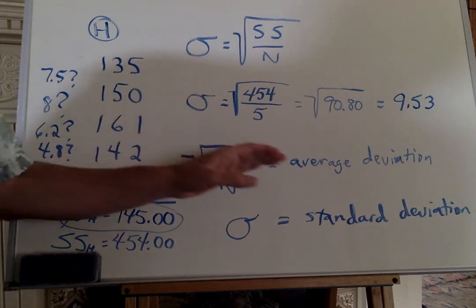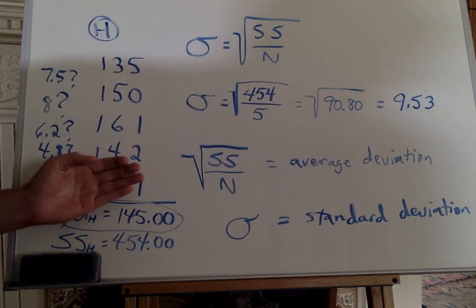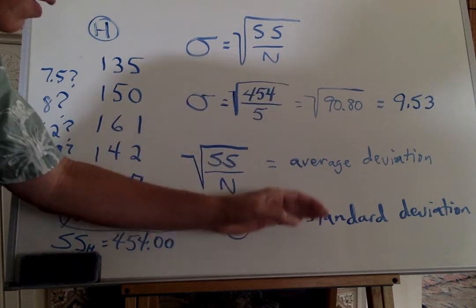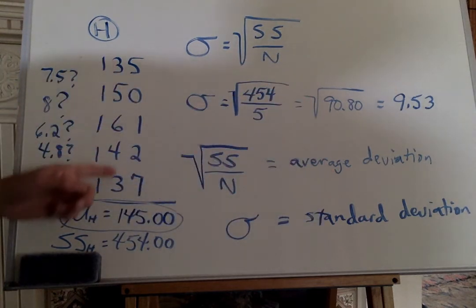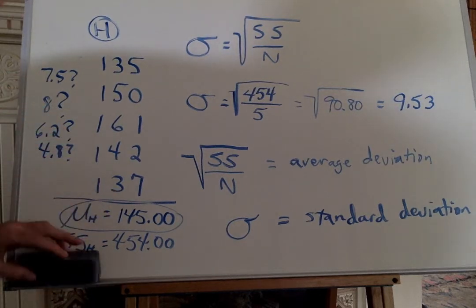9.53 is the average deviation for this group of scores. 9.53 is the standard deviation. It's the average deviation for this group of scores. Okay? My first guess was actually the best guess. This wasn't bad. These are still in the ballpark, right?